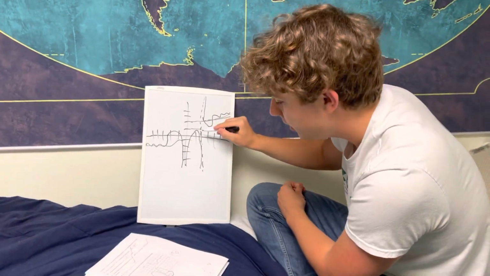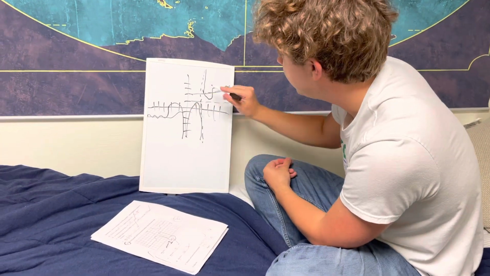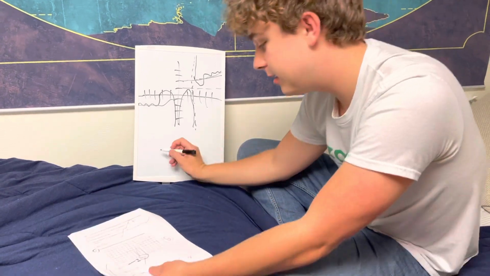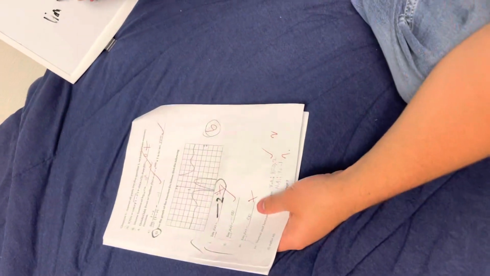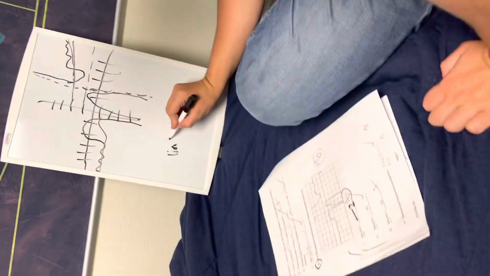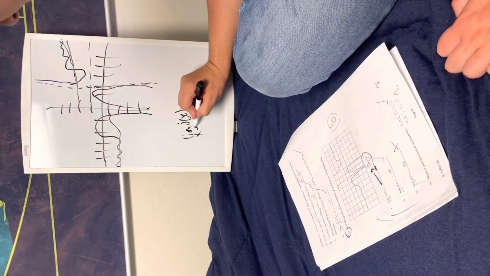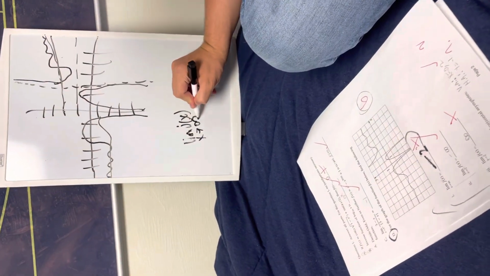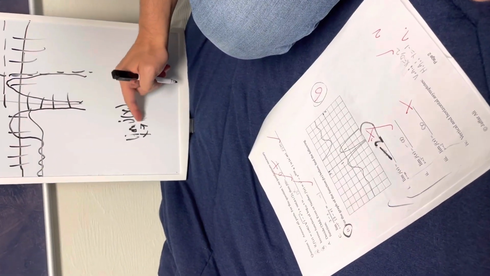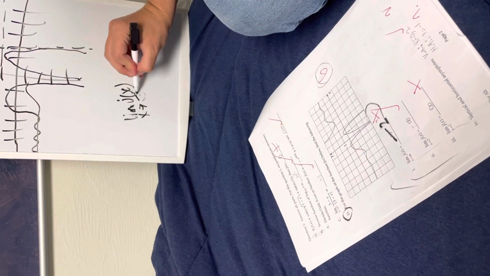What is happening is, from the left, right? So it looks like this. Limit of j of x as x approaches 2 from the left.